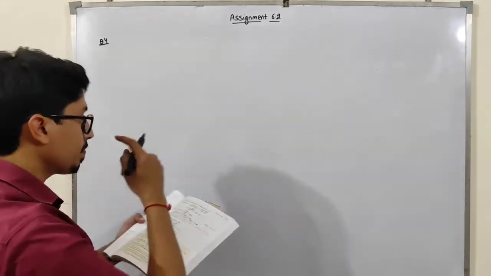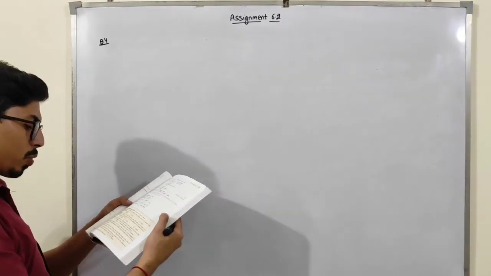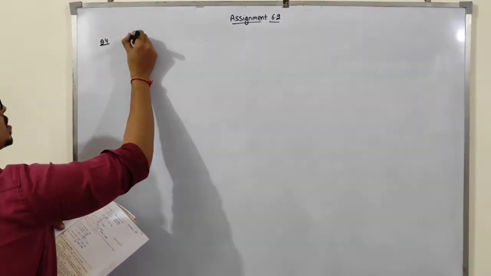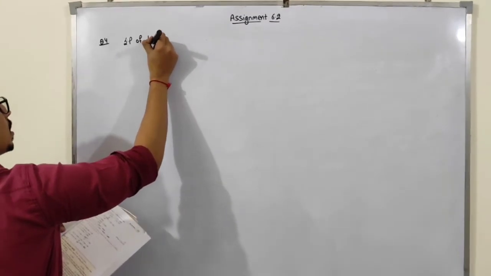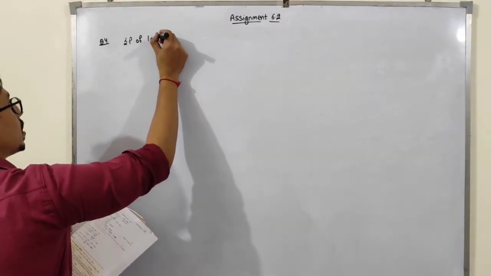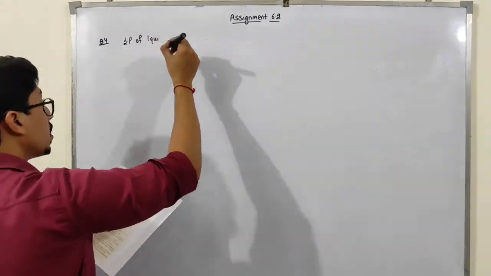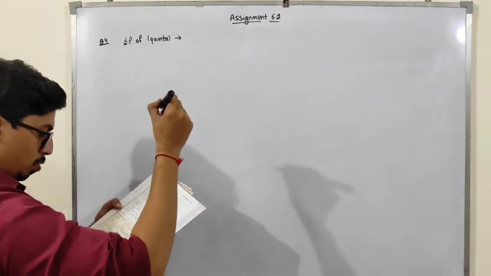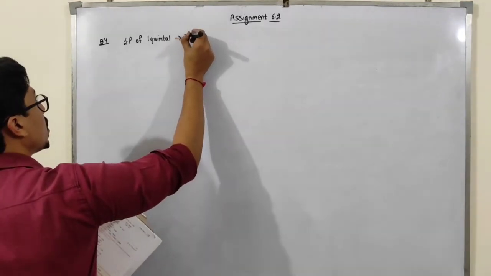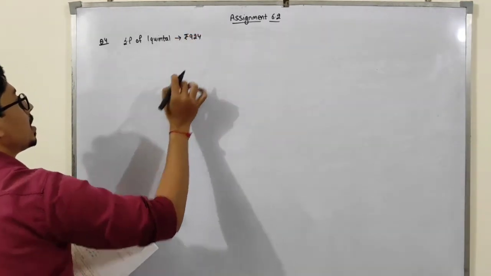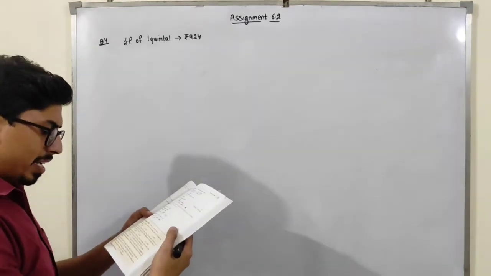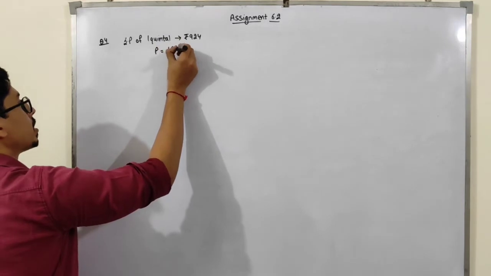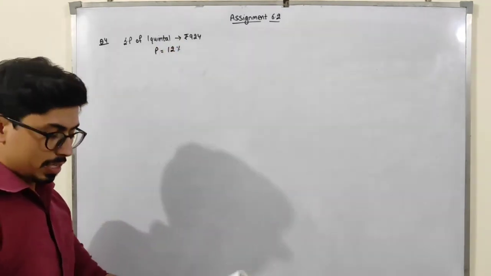Now see, selling price of 1 quintal is rupees 924. In the first case, he sells the 1 quintal of rice at this rate, and he gets a profit of 12%.